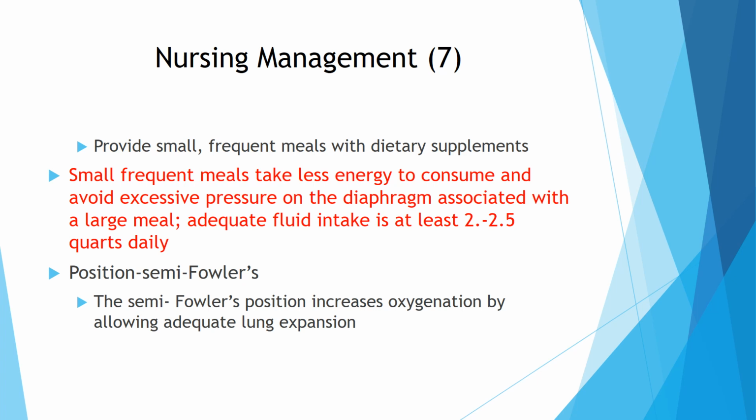We are going to provide small, frequent meals, dietary supplements if necessary. Small, frequent meals, because this will be better for them. They can snack, they can graze. They're not dealing with a large meal, and it is better for their breathing process.